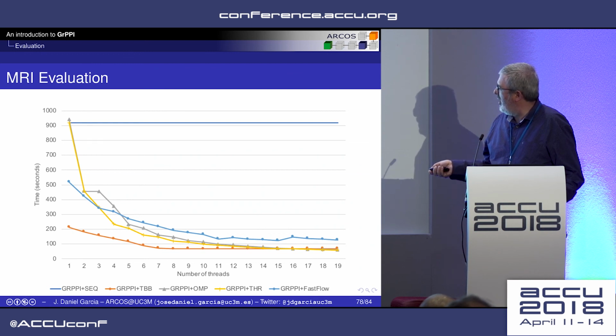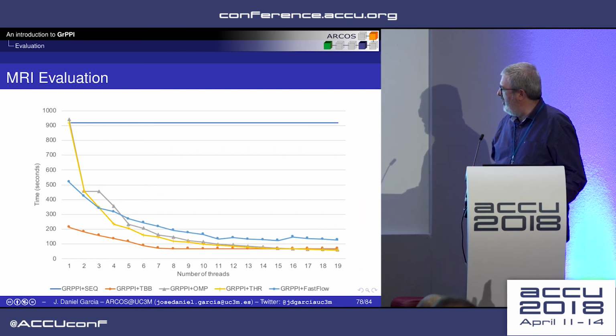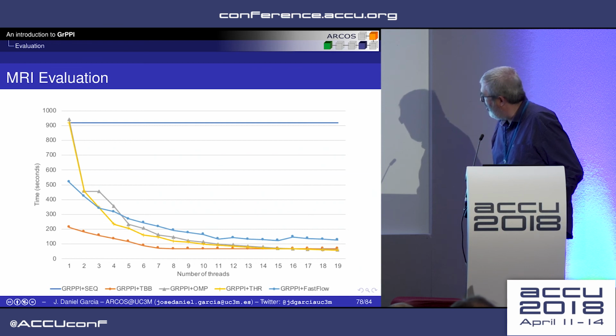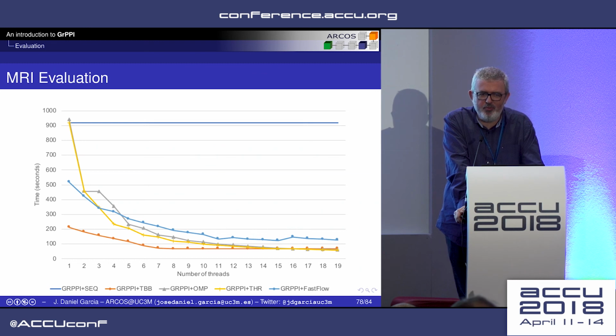With ISO threads, we got bad results for 1 or 2 threads, but as we increase the number of threads, we approach and converge with Intel TBB and also OpenMP, and right now we have slightly worse results with FastFlow. Interestingly, this is the last execution policy that we implemented, and there is probably still room for improvement here.